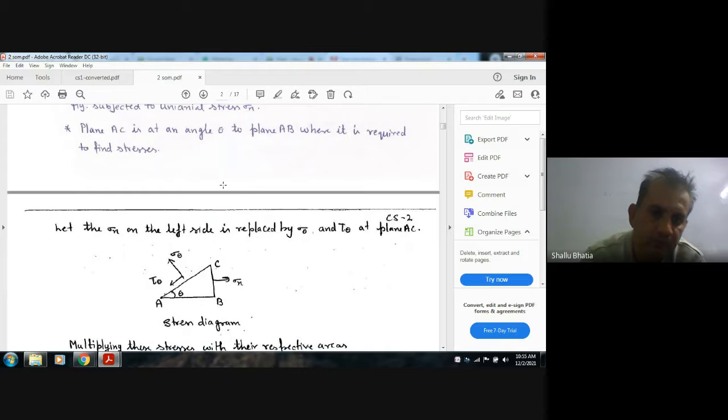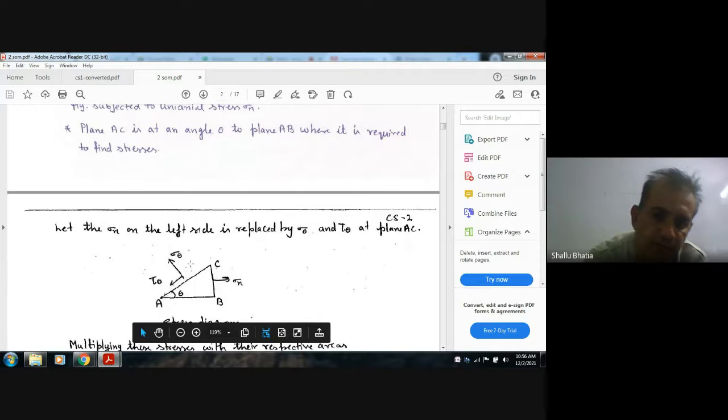Now we assume that sigma theta is the normal stress acting on plane AC, and tau theta is the shear stress acting on plane AC, and we will find out the values of these stresses.